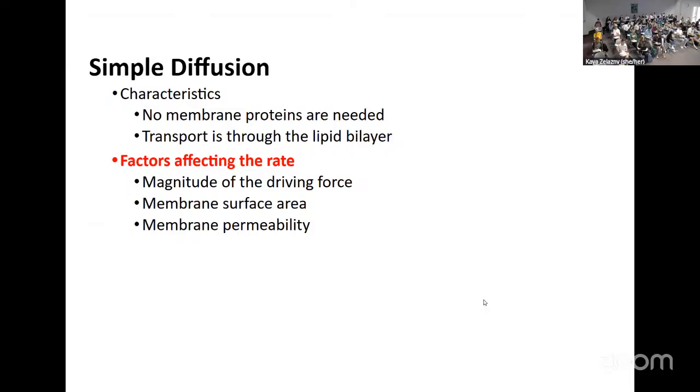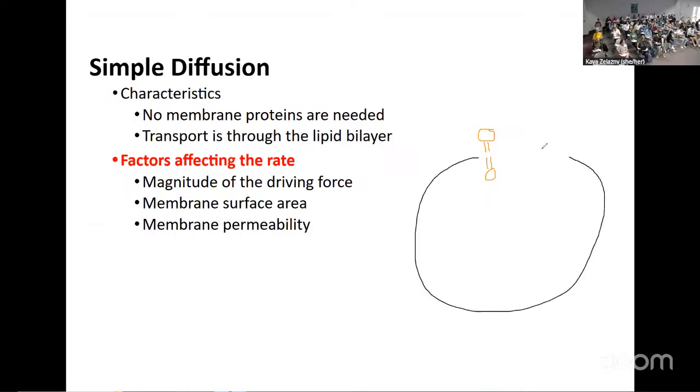So in simple diffusion, we're going to be thinking about things that go directly through our cell bilayer, right? So we remember that we have phospholipids with polar heads and nonpolar tails. We've got a bilayer, so we've got two layers facing each other, and it's like that all the way around. Okay? I'm not going to draw more, but it would be like that all the way around.